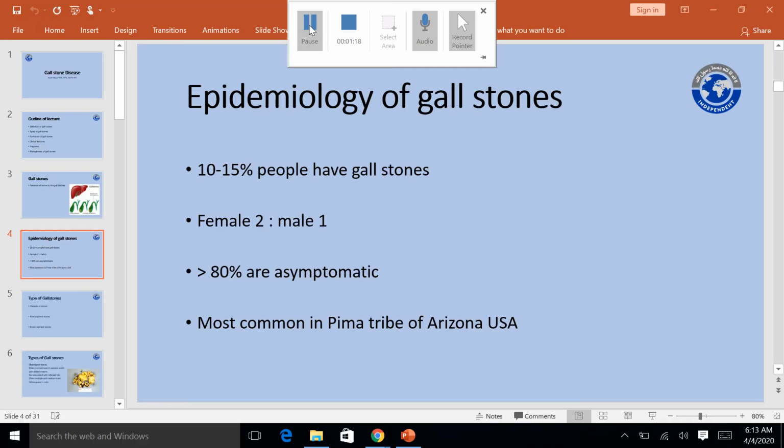The epidemiology of gallstones, which means how the pattern of gallstones or cholelithiasis is. There are 10 to 15% of people in the population who will have gallstones in their lifetime. Out of this population, for every one male, there are two females affected by it.